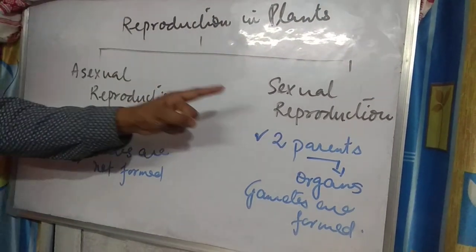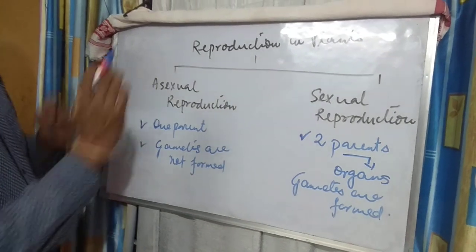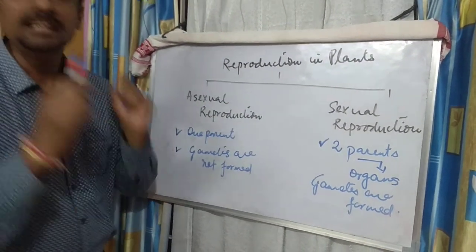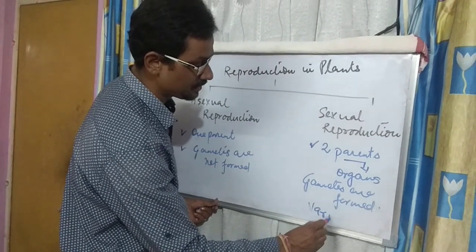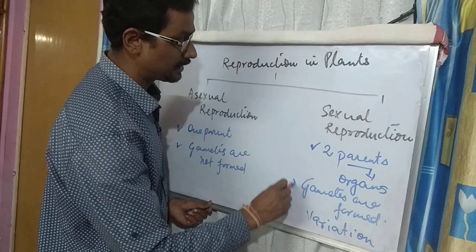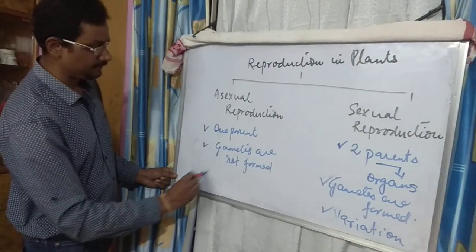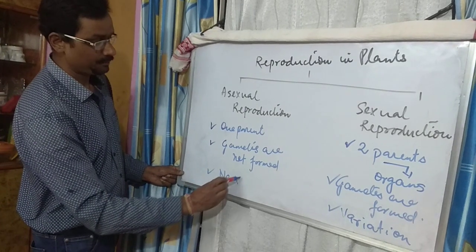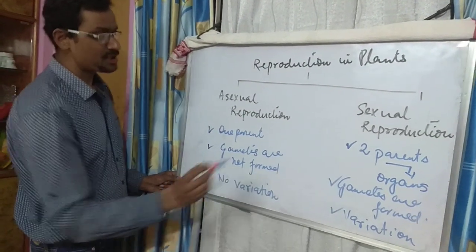The most important thing that we find in sexual reproduction is variability, variation. This is one character, this is another character, this is another. So in case of asexual reproduction, there is no variation. Why no variation?